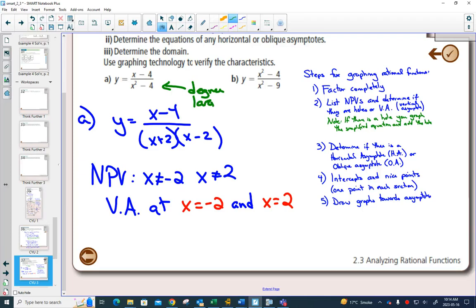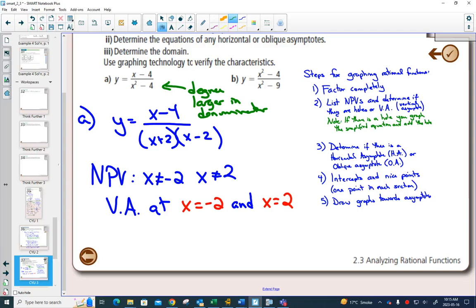The degree is larger in the denominator. So we have to recall, if the degree is larger in the denominator, what kind of asymptote? Is that the example where we have an oblique asymptote? Is that the example where it's always y equals 0?